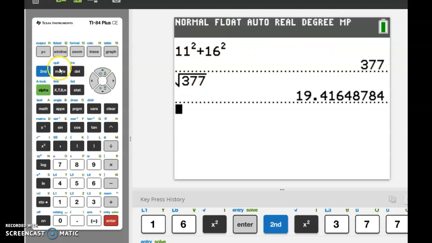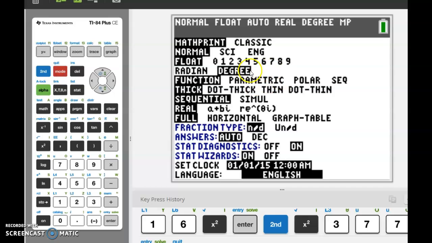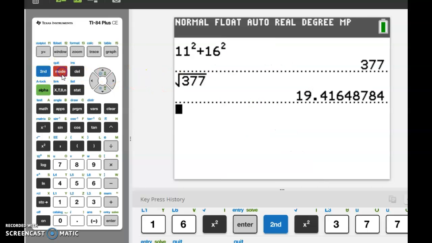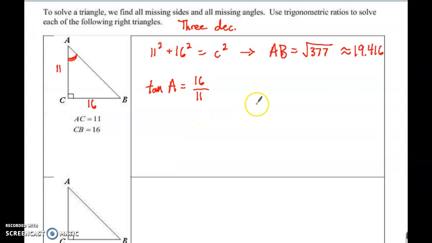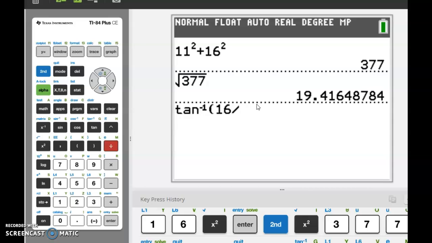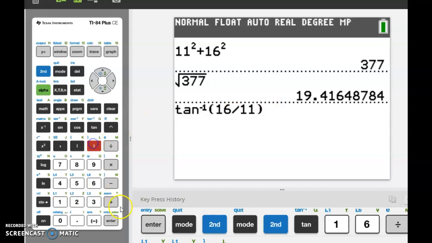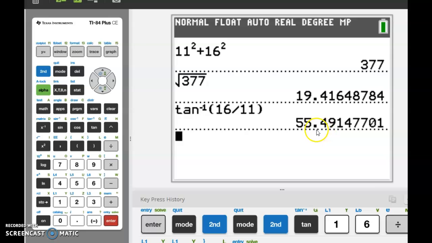Just make sure that you are in the correct mode, which I already changed in the first video, to degree. Let me know if you're struggling with that. And you hit second, tangent. To find the angle, you do the inverse tangent of 16 over 11. And because we're in the right mode, it'll give us the correct answer of 55.491. Again, do not round twice. It just so happened that happened to us. 55.491.